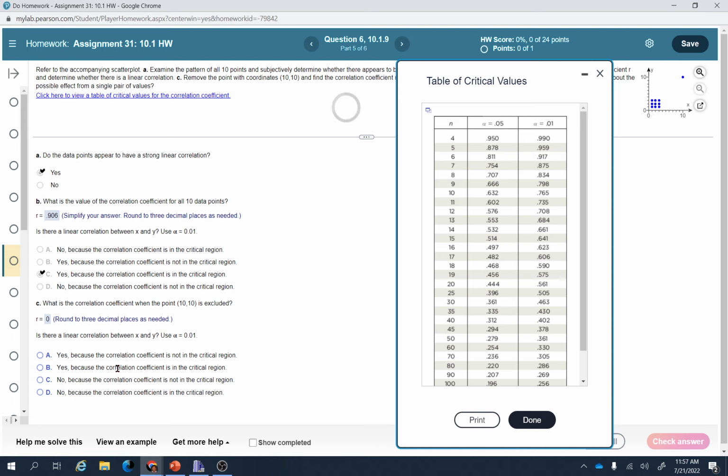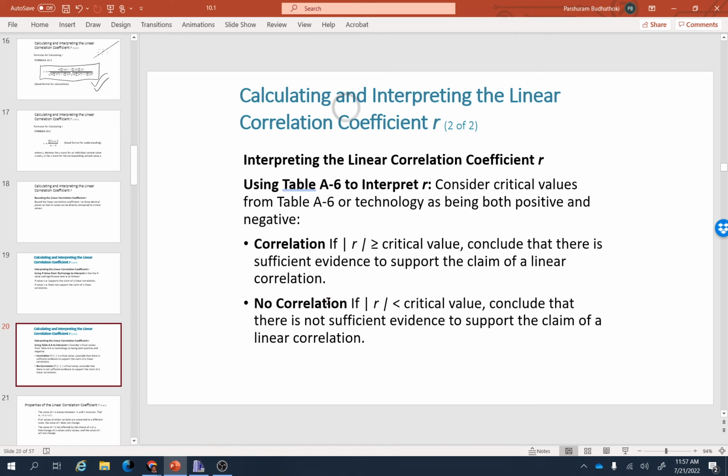In this case, the number of data is 9 because we are excluding that 10,10. So n is 9 and alpha is 0.01, so the critical value is 0.798. As you can see here, the correlation coefficient is less than 0.798. So we can use this relation here, no correlation, because the correlation coefficient is less than the critical value.